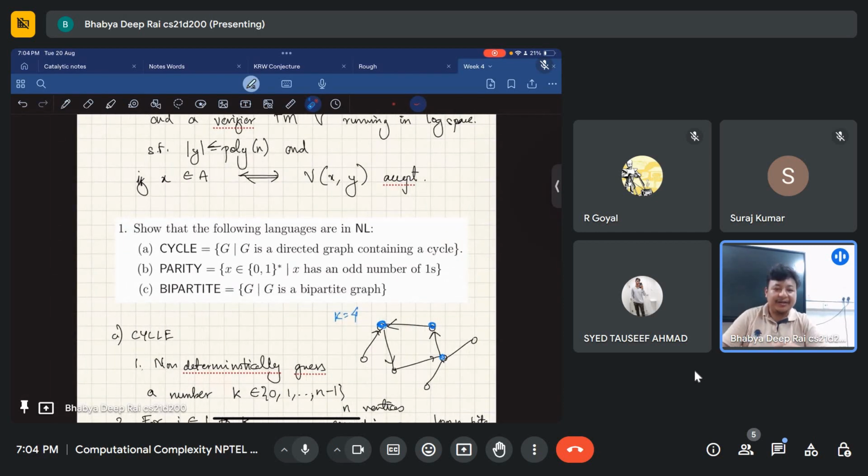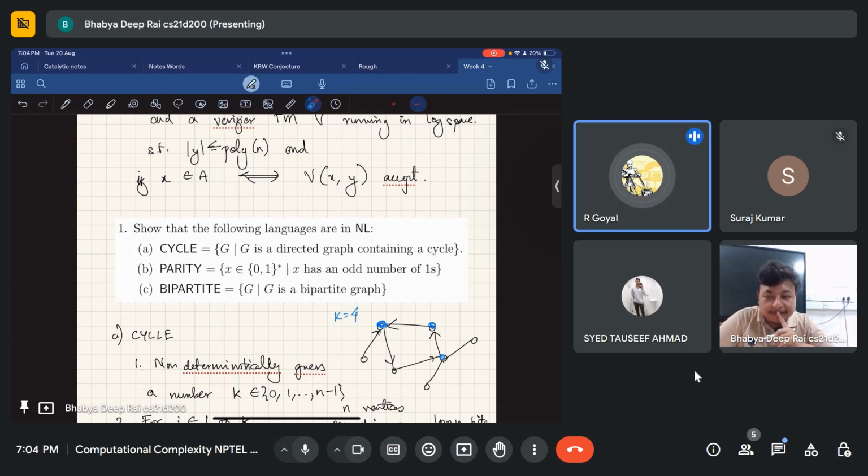Okay, here, parity. Goel, what were you saying for this? Yes, I only said that this is similar to the cycle thing because if I give an assignment, x is an odd number of ones, but I can verify. I'm a little doubtful now.